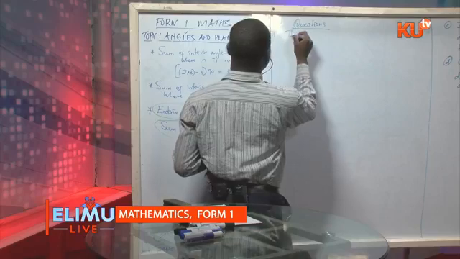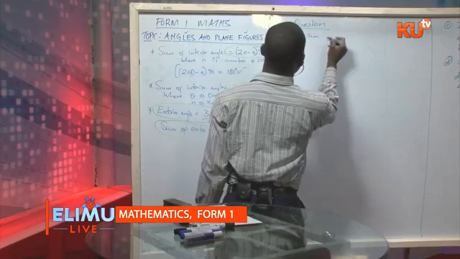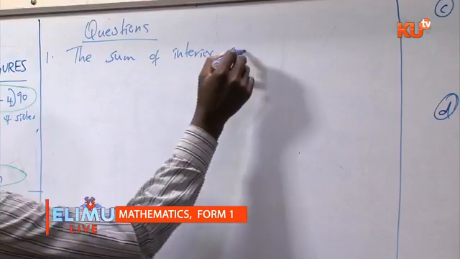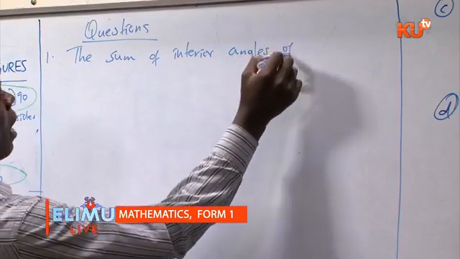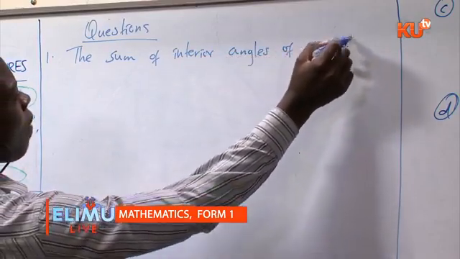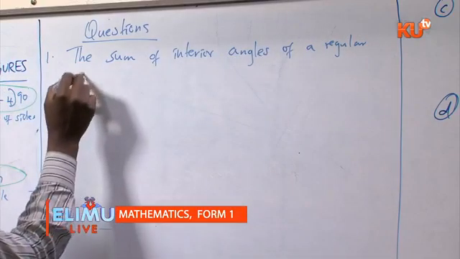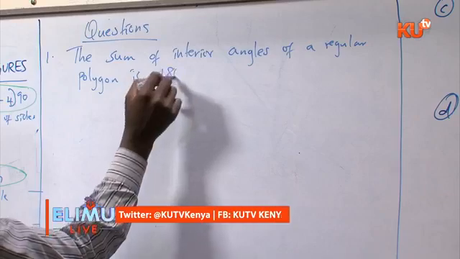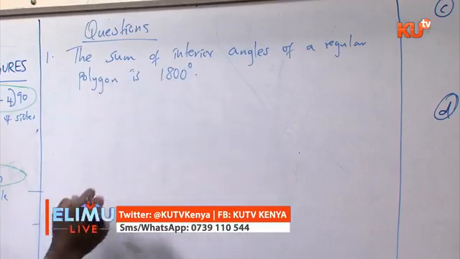You're told the sum of interior angles of a regular polygon is 1800 degrees.